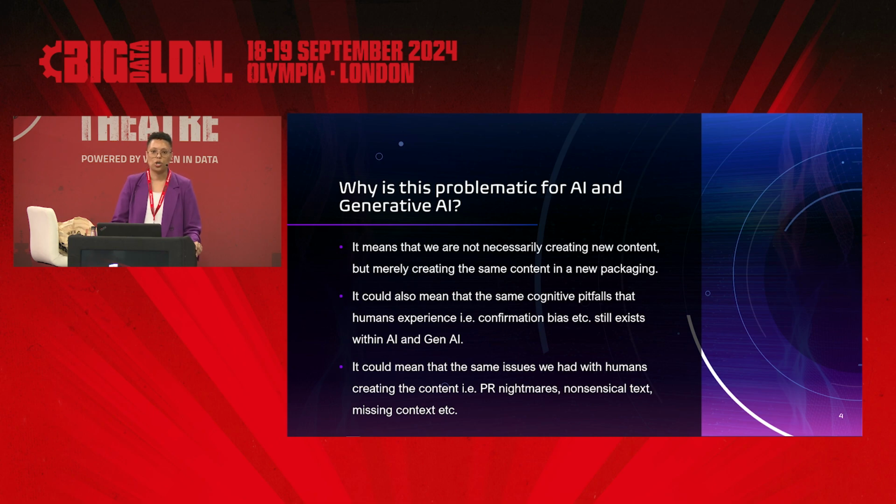You can either get code that, while inherently doing the job it's told, is not really doing the job that you want it to do. And these can create all kinds of issues, PR. I'm sure I don't need to tell anyone in this room how AI has failed at times because of cognitive biases. The other issue, of course, is that it comes up with nonsensical data, or it's just repackaging the exact same information that already exists.